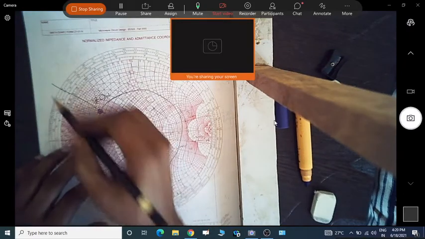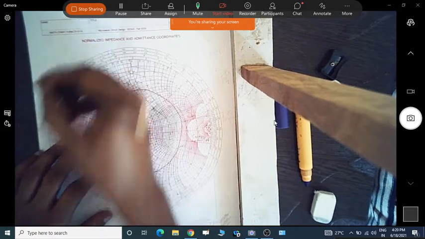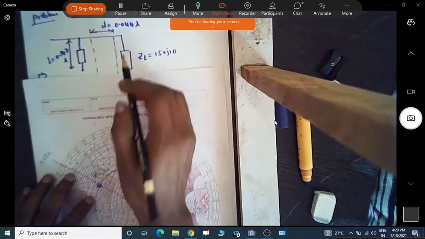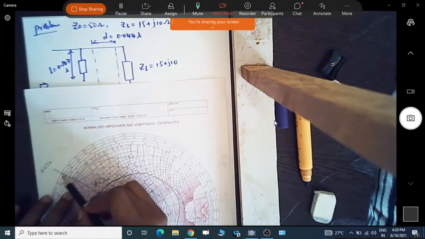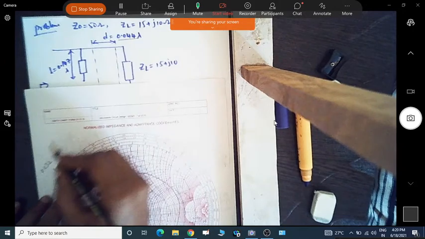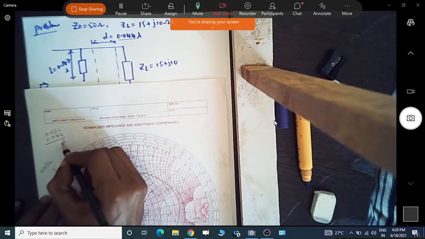So now, if this is 0.032, okay, so now we have to add the distance. So this distance we need to add. So this is a load point now. We have to add this much distance, that is 0.032 plus 0.044. So we will going to get 0.076 lambda.